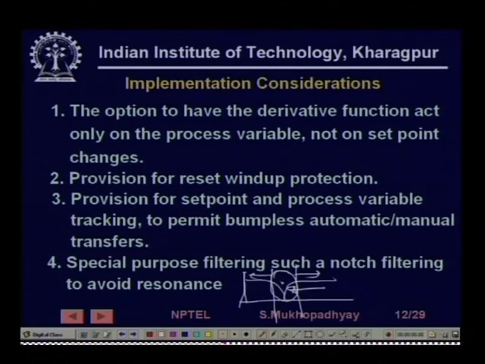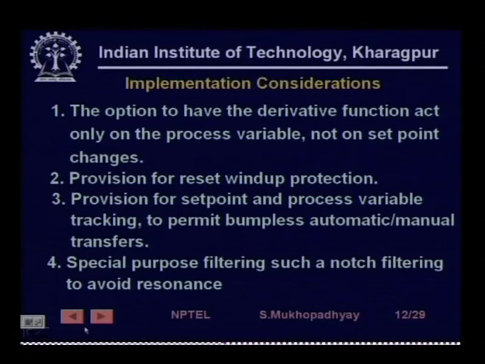If you have your resonant frequency in this range, this is omega, and this is the gain of the notch filter, g(j omega). In this range the notch filter will not allow any inputs to come. So, such things need to be done.